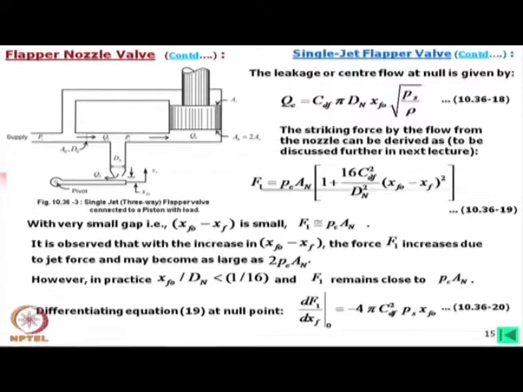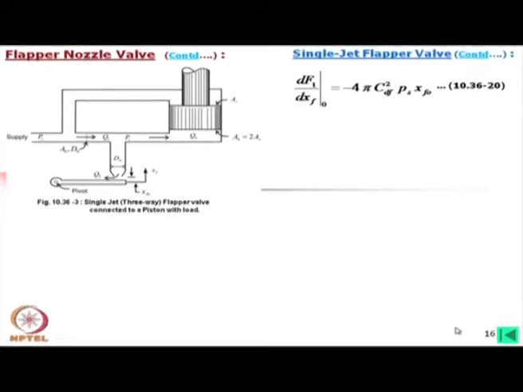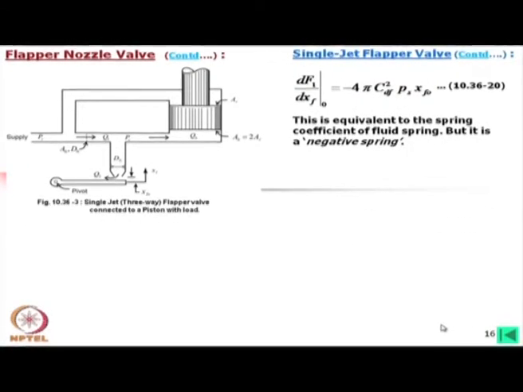Differentiating equation 19 at a null point, we get this expression: dF1 by dx0 is this much. Then this is equivalent to the spring coefficient of a fluid spring. Okay. If you compare this, if we consider the mechanical spring, this is as if a fluid spring with this much of stiffness, but it is a negative spring.